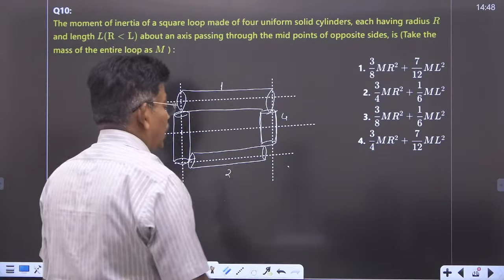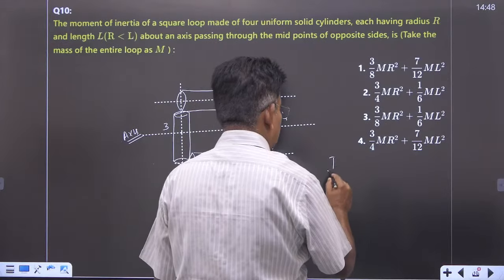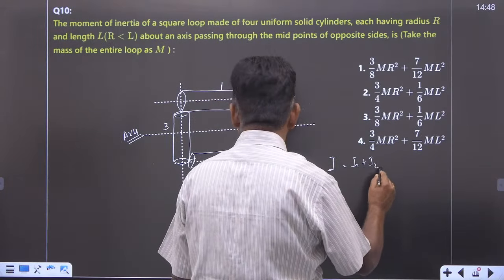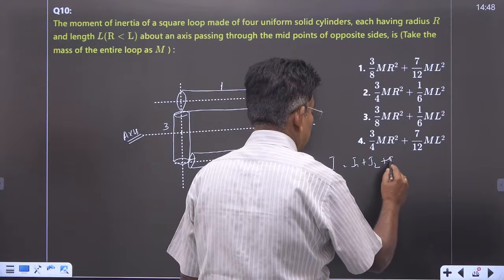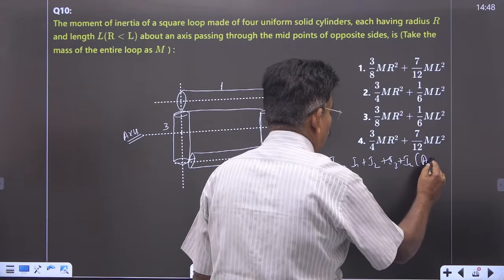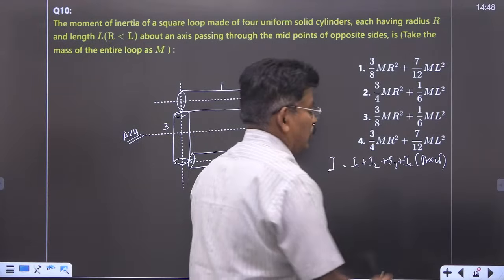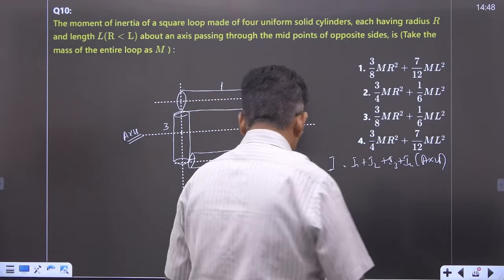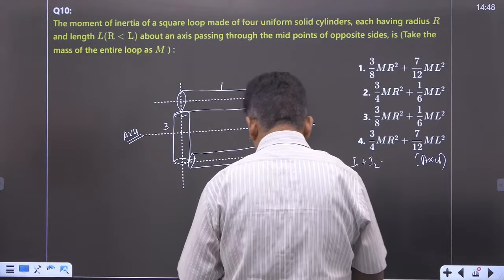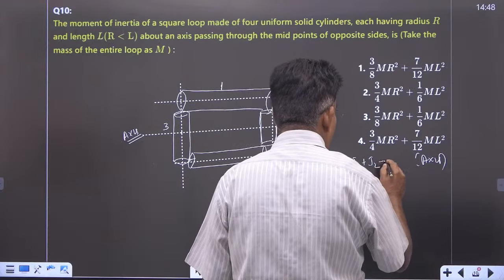My question is this: I is equal to I1 plus I2 plus I3 plus I4 about the common axis. All the 4 moments of inertia are to be found out about the common axis.